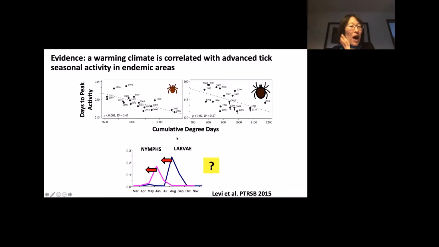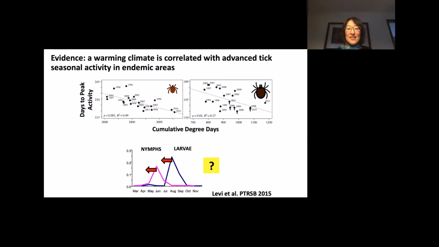So Rick Ostfeld was part of this group, Levy et al. They have great data over time from their site in the Northeast, which is actually in southeastern New York. And what they found, and you can just look at the bottom cartoon, is that nymphs and larvae, their phenologies, started becoming active sooner in the year, because it was warmer.